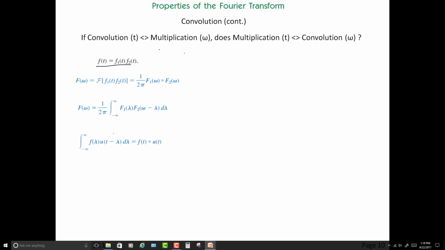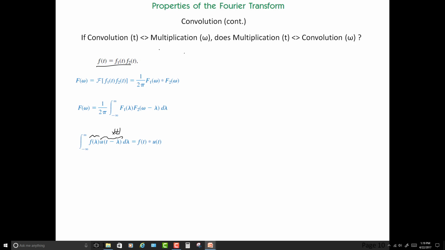and if we now replace the x of t, in other words the forcing function in that, with the unit step function, okay, that's what's happened here. This was our x of t, so we're replacing it with the unit step.